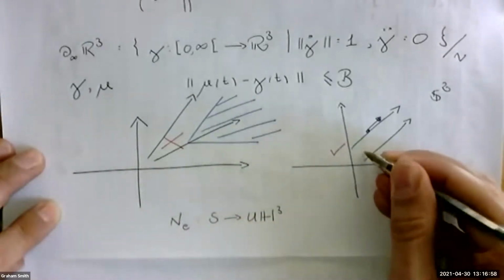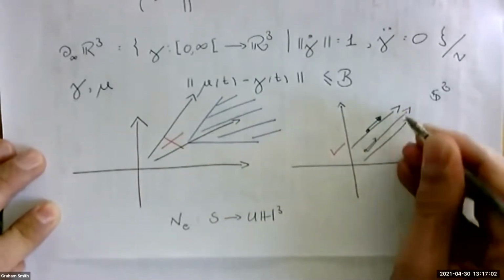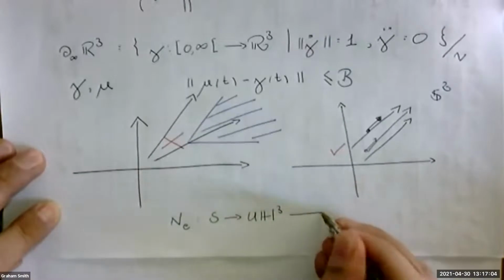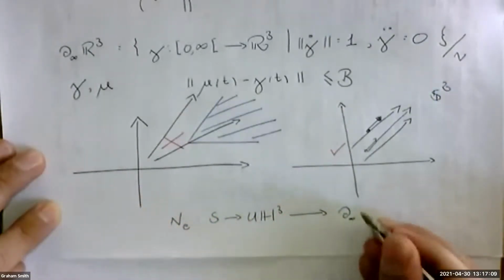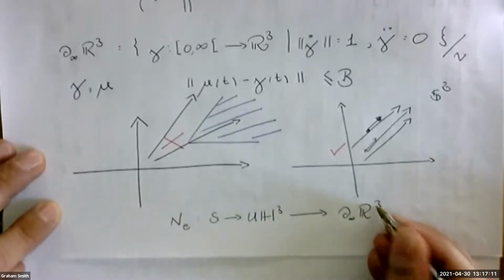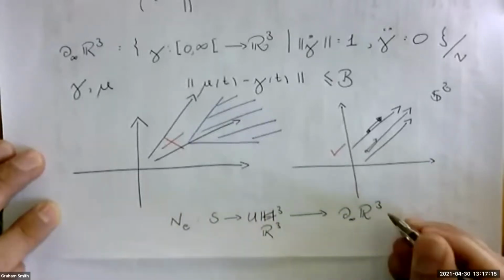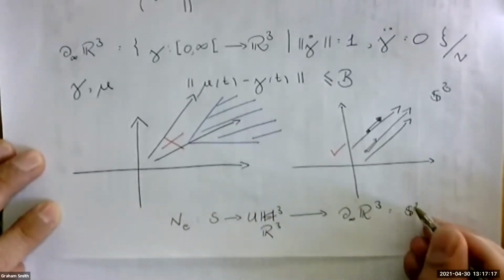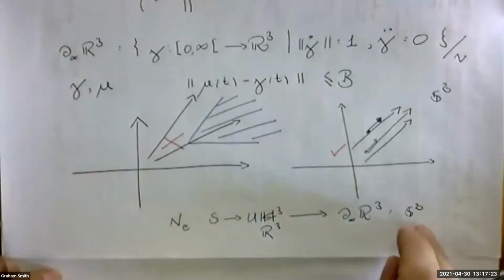Given a unit vector, I then have the geodesic ray that leaves from that vector, and that defines a point in the ideal boundary of R3, which I identify with the sphere. Now we're in R3, so everything is trivial. So this is actually nothing other than the parallel transport.